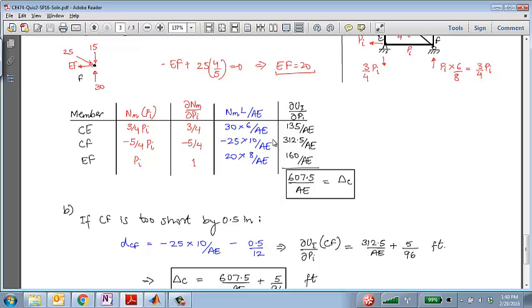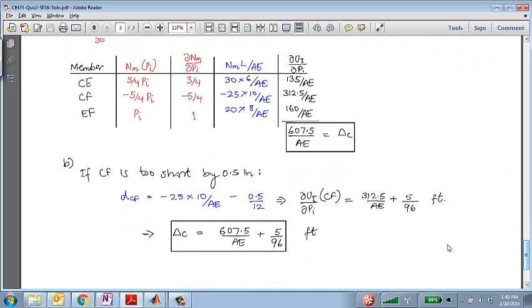We need to add, or in this case subtract, because it is too short, minus 0.5 divided by 12. All that was needed to be changed was this entry, and then 5/4 times that would be something that gets added to it, and what you would have is this change in the displacement at C.